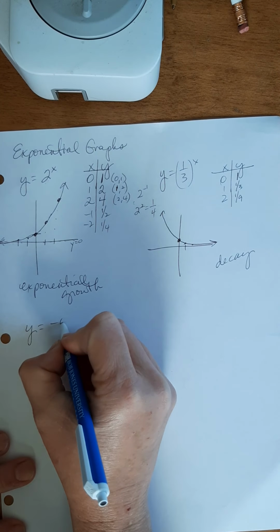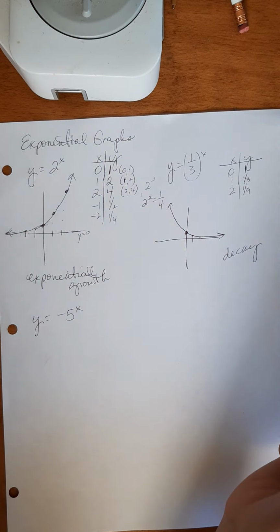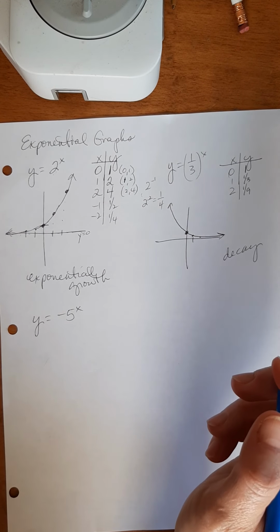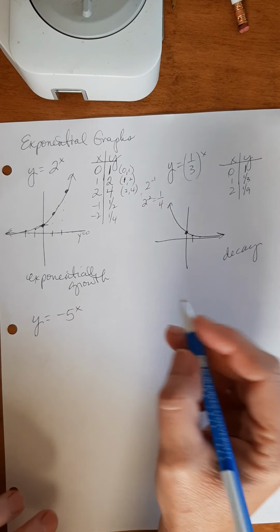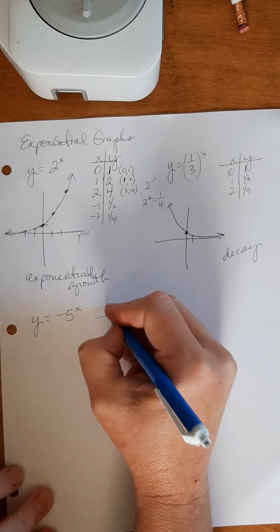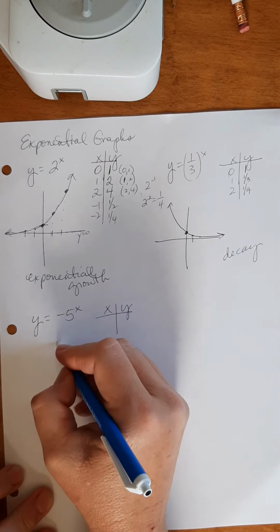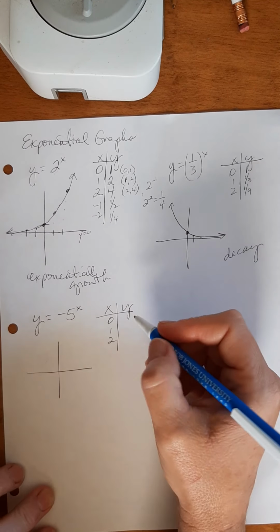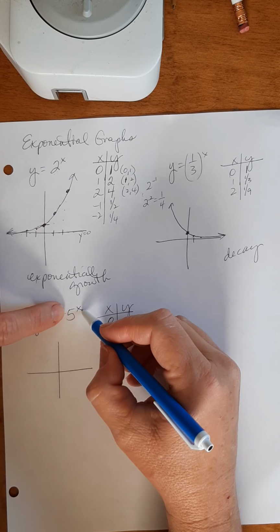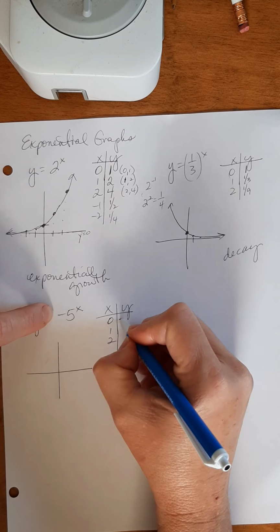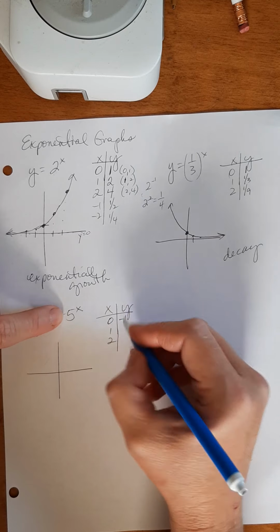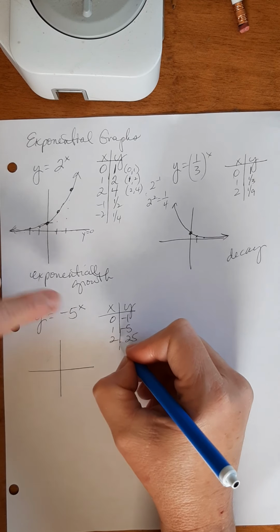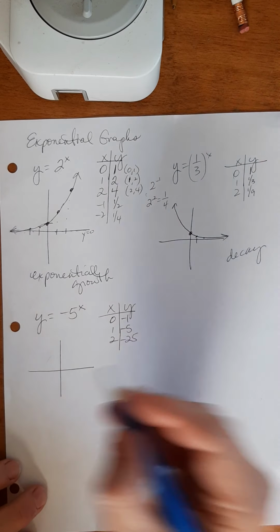Let's do another one. What about making it a negative? If you can predict, what do you think it's going to do? Let's see if you're right. So 0, 1, 2. 5 to the 0, 1, but the negative's out front. 5 to the first, 5, negative out front. 5 squared, 25, negative out front.